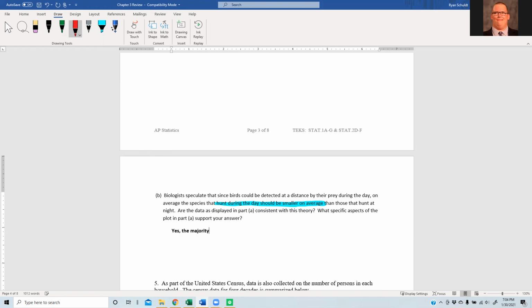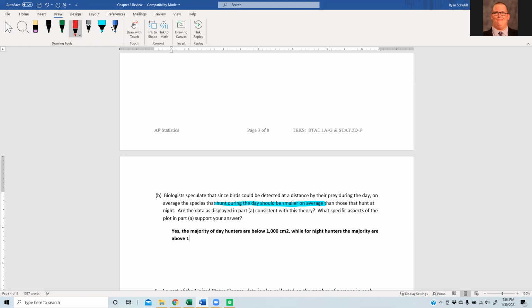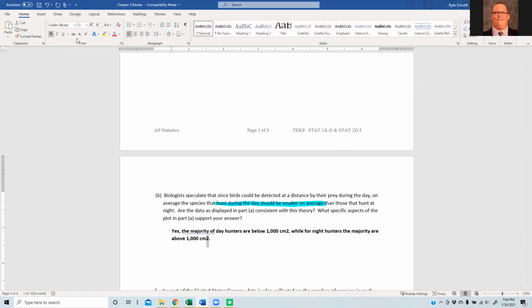Yes, the majority of day hunters are below 1,000 centimeters squared, while for night hunters, the majority are above 1,000 centimeters squared. So yeah, it definitely supports that.